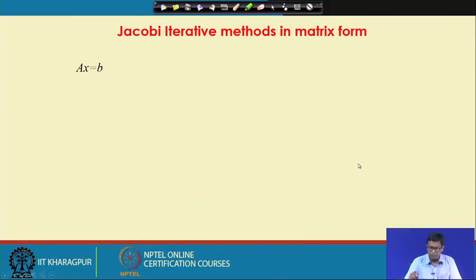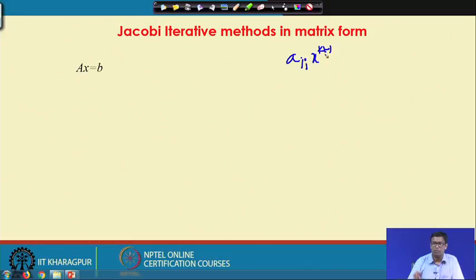Now, in Jacobi, in each step we start with a guess value and update the guess value based on the iteration. The updated value is x at k plus 1.